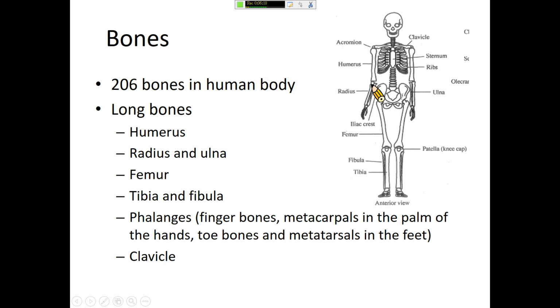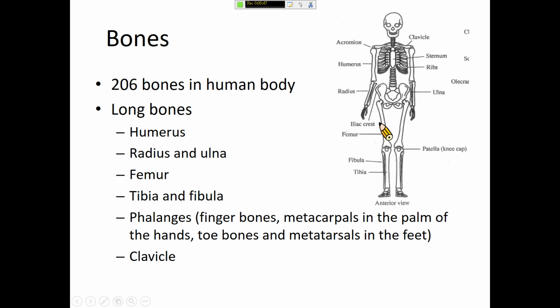So there are two bones at the lower arm. This is called lower extremity, upper extremity, at the lower arm. And then femur for the thigh. Thigh is the upper leg, the upper part of the leg.